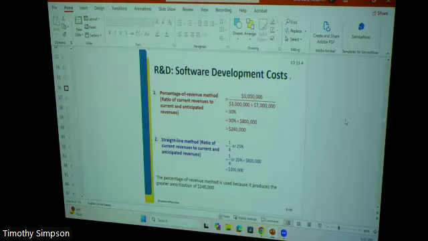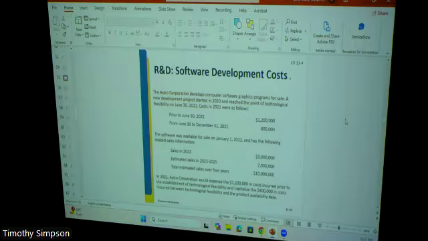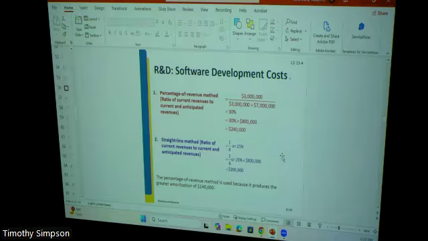But remember, 3 million in sales in that first year, right here, 2022, because that's when it first became available, divided by the total expected sales over that period of 10 million, is going to be 30%. Times that 800,000, which we're capitalizing, is going to give us 240,000 under the percentage of revenue method.